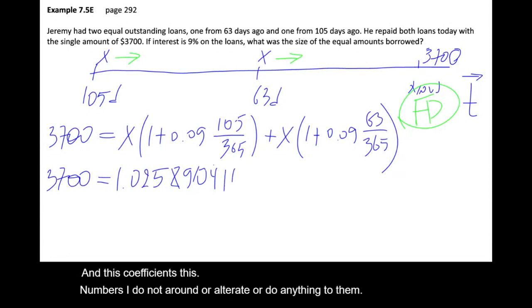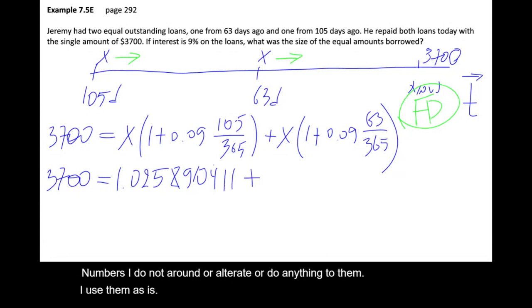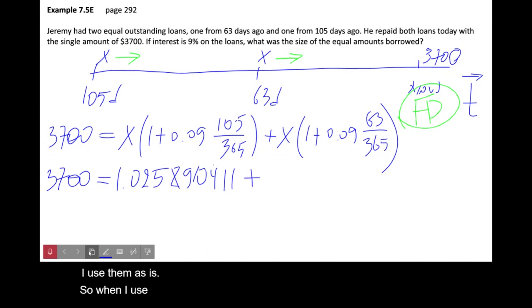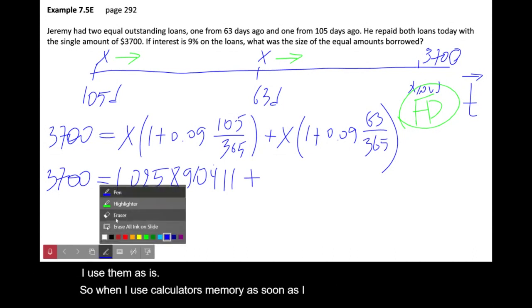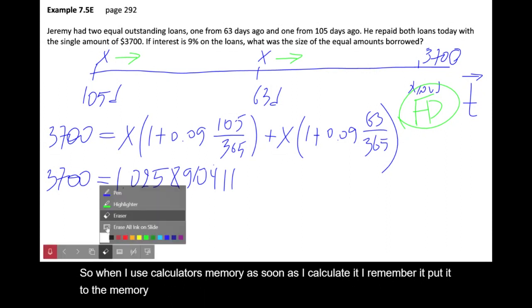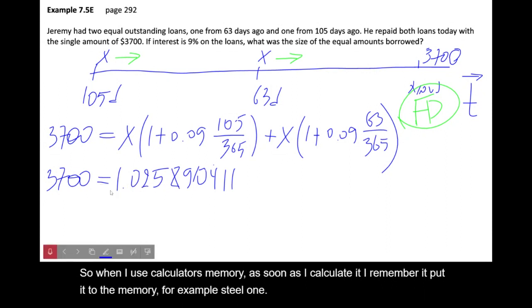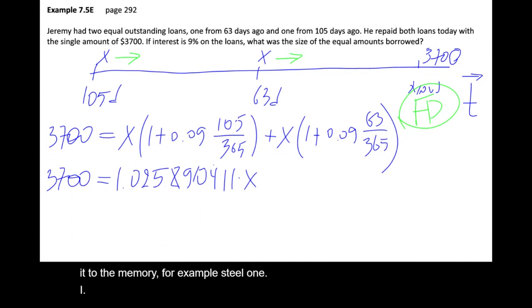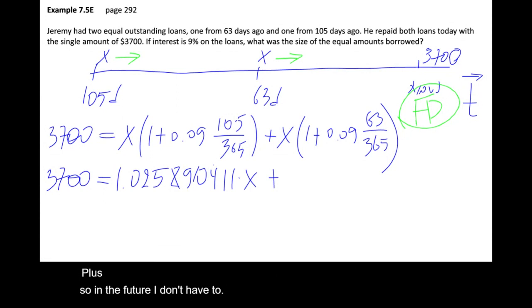I use them as is. And I use the calculator's memory. As soon as I calculate it, I put it in the memory, for example STO1, times X plus. So in the future, I don't have to put it back manually, because it increases the chances of a mistake.